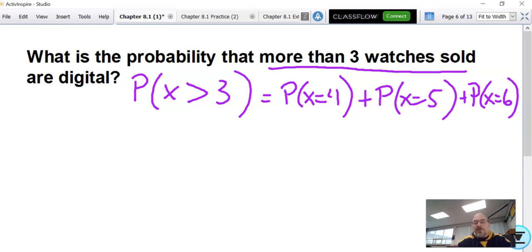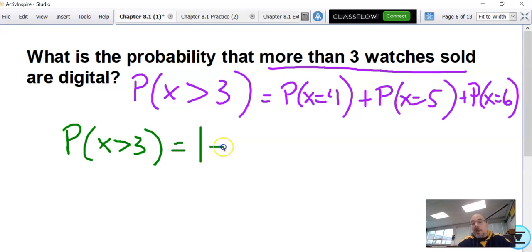However, if you really put some thought into this, the probability of x being greater than 3 can equal the complement, 1 minus the probability that x is less than or equal to 2. And we figured that out already, didn't we? Or did we?